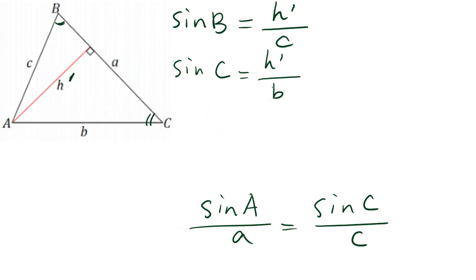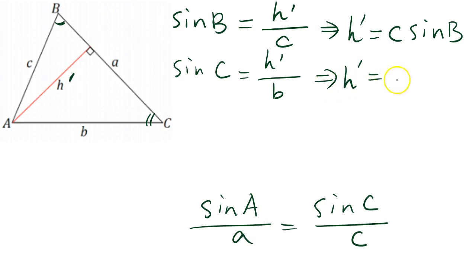Now remember how we did the algebra steps before? I'm going to multiply on each side and then get an expression for H prime, which would be C sine B. Similarly, I'm going to get B sine C from this equation.